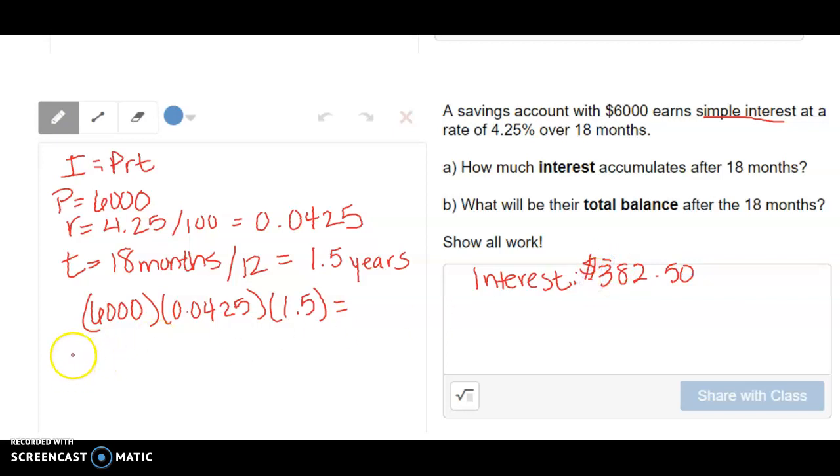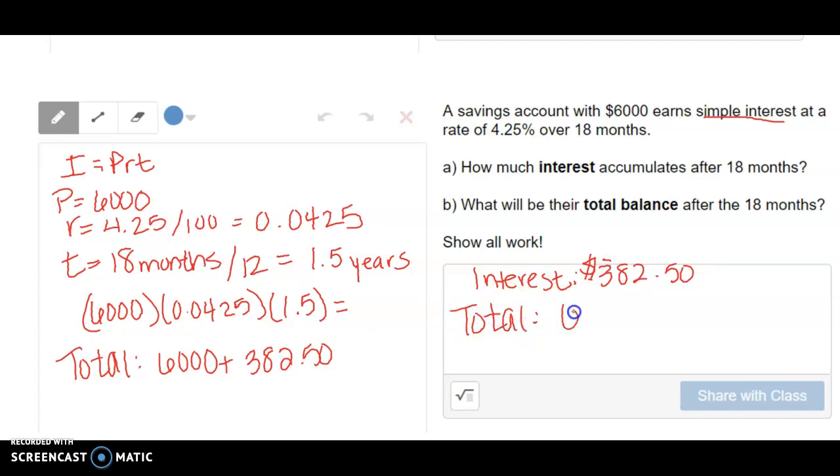And then to find our total again, you're going to take your principal plus your interest amount. So our total is $6,382.50. And that is your answer for another simple interest problem.